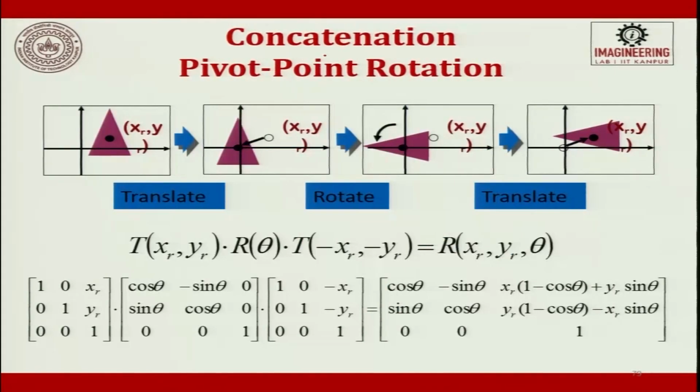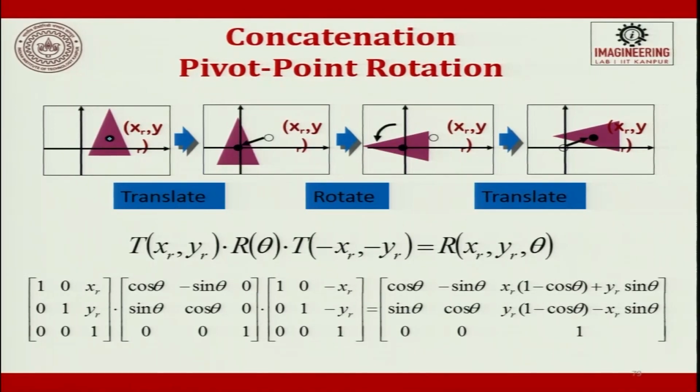Since we are already discussing concatenation, here we will do it systematically so that you see how it happens mathematically in a CAD software. This example is taken to discuss pivot point rotation. Here is a triangle. We have asked you to first find the center of the triangle, and we consider it as a pivot point.